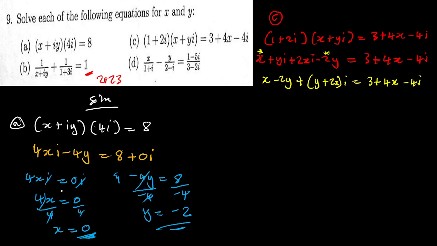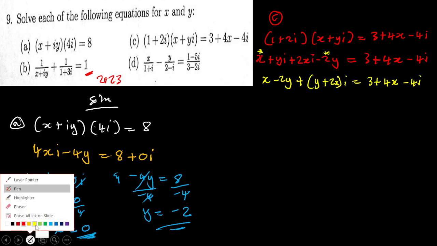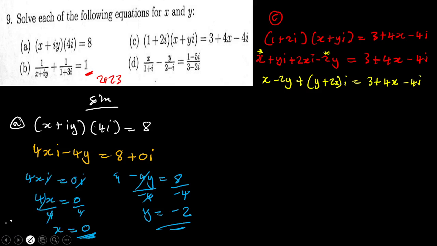So like we did with the first one, which is our a, we are going to do the same thing. So the real part will be equated to the real part. So x minus 2y is equal to 3 plus 4x, and this will be our equation 1.